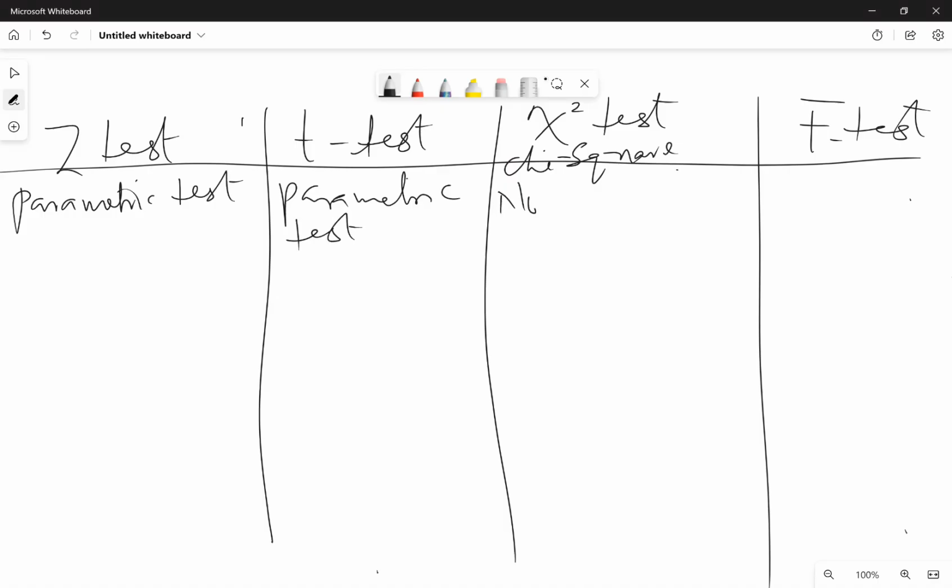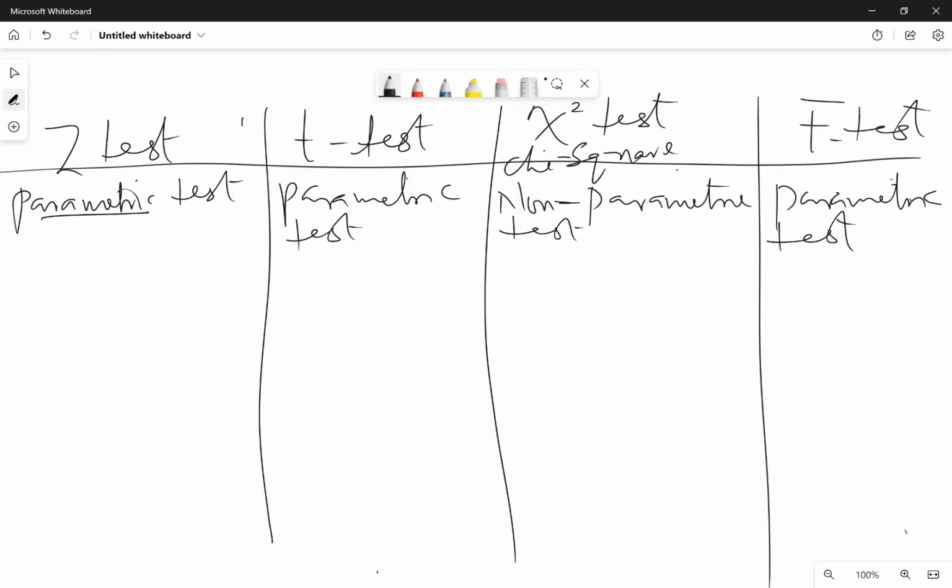Chi-square is a non-parametric test. While F test is a parametric test. Please note them. So you'll be saying, hey, this man has started again. What is parametric? What is non-parametric?